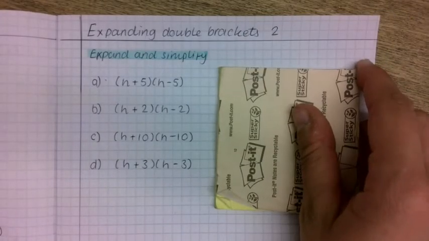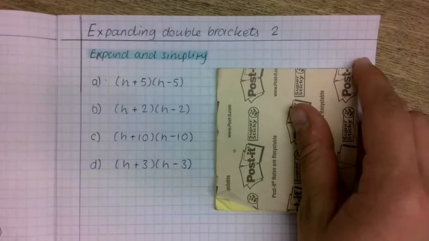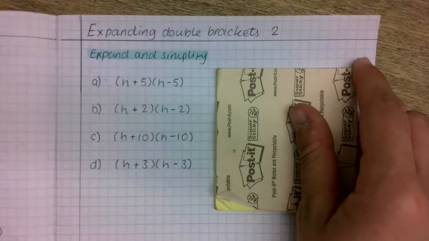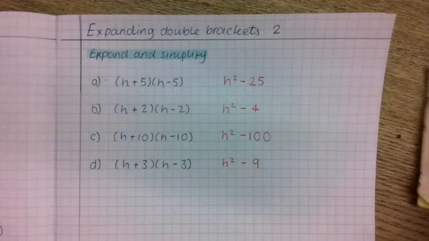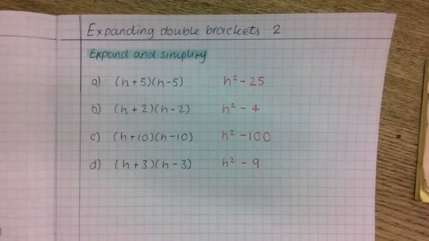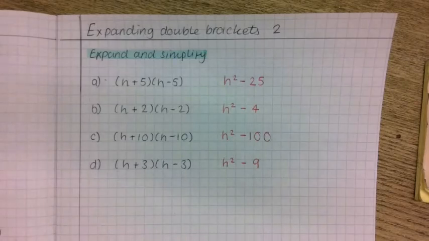Okay, so you should have your 4 answers to these 4 questions, and I just completed them myself. So we can see that these look a little bit different to the answers we were getting in the previous lesson when we were expanding single brackets, expanding double brackets.